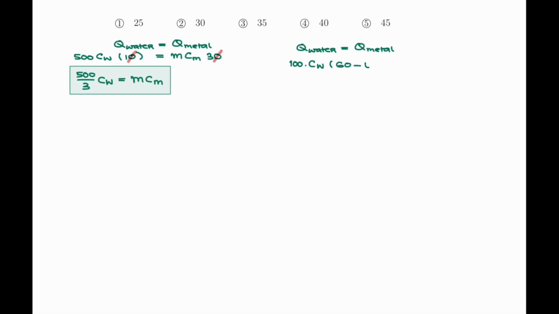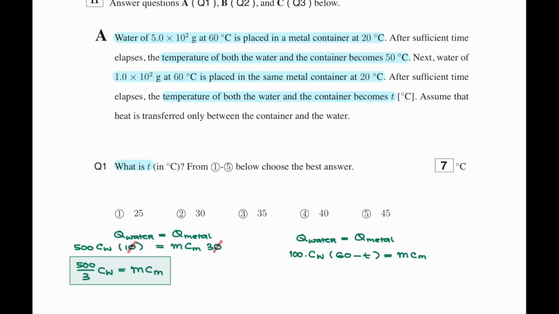60 minus T is equal to the heat absorbed by the metal, mcm delta T. The same thing, except the delta T. Mass of the metal container times specific heat capacity of the metal container times delta T. Since the metal absorbs heat released by the water, that means the final temperature must be greater than 20, the initial temperature of the metal container.